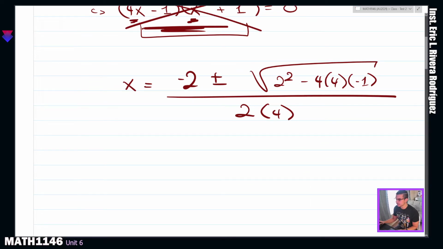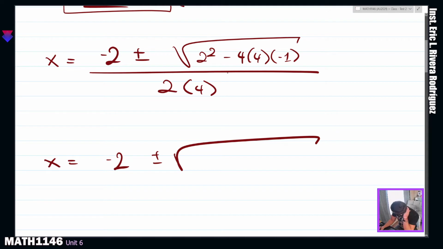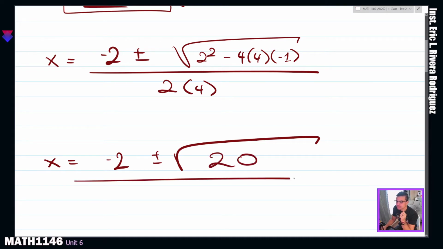We solve this. So 4, 16. I think this is 20.